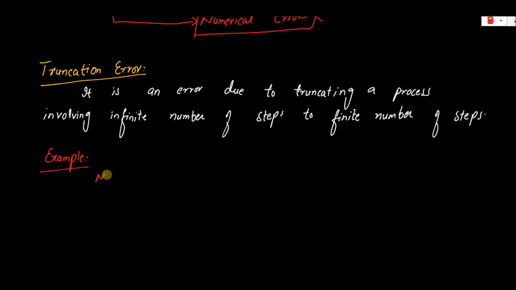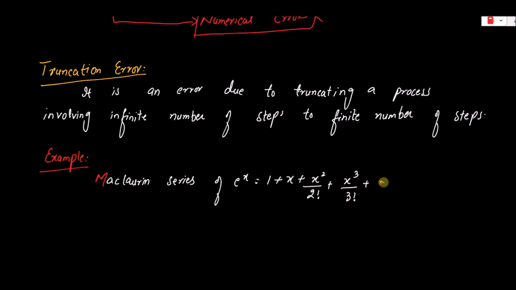consider a Maclaurin series of e raised to the power x, that is equal to 1 plus x plus x squared by 2 factorial plus x cubed by 3 factorial plus x4 by 4 factorial plus x5 by 5 factorial and so on. We cannot use the infinite terms. We can use only the first four terms.